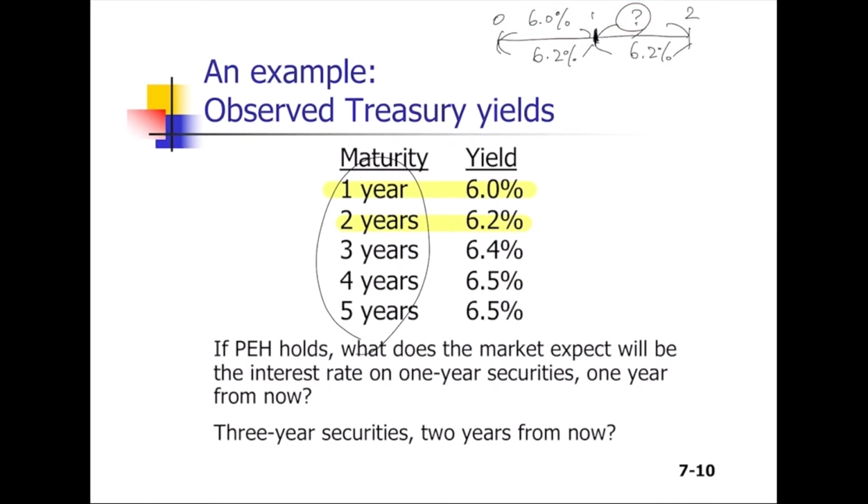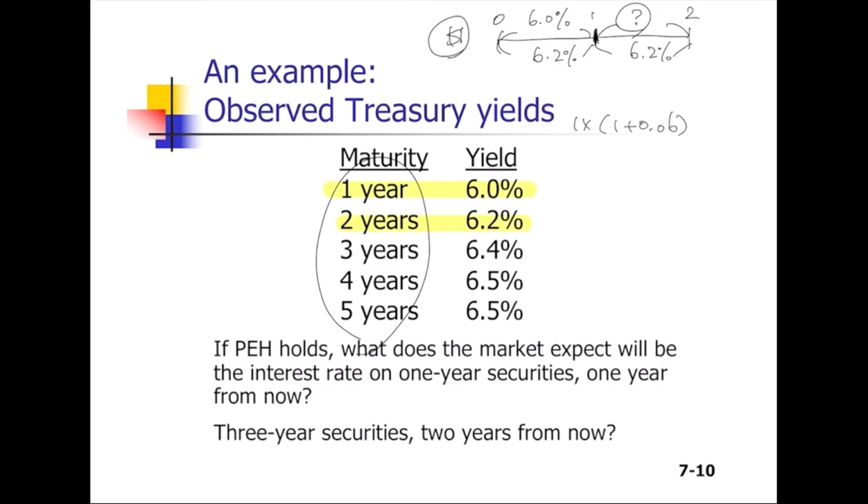So for example, you invest $1. In that case, 1 multiplied by 1 plus 0.06, right?